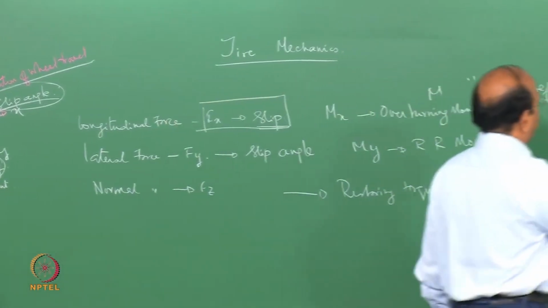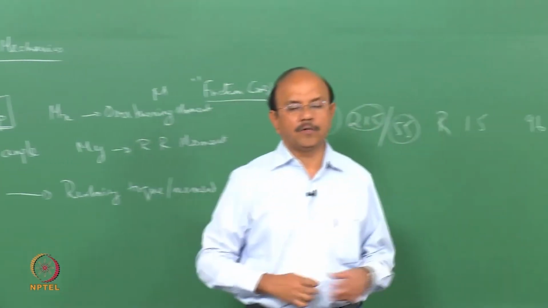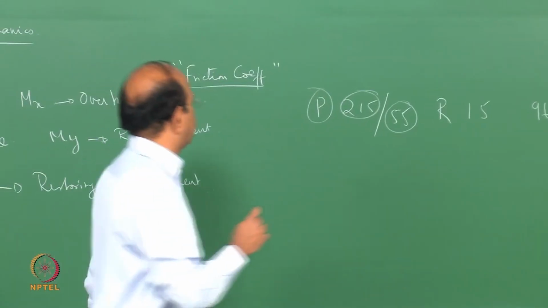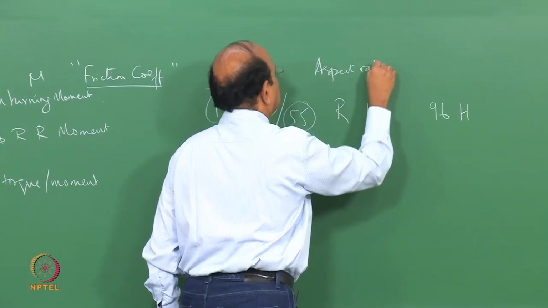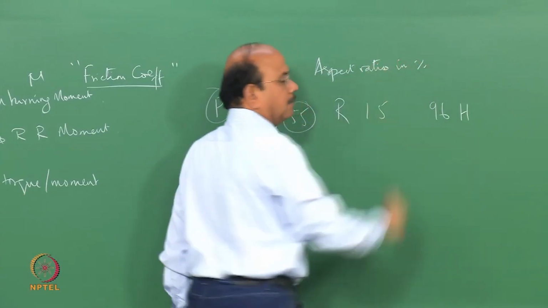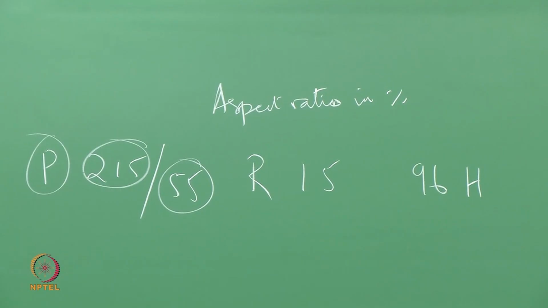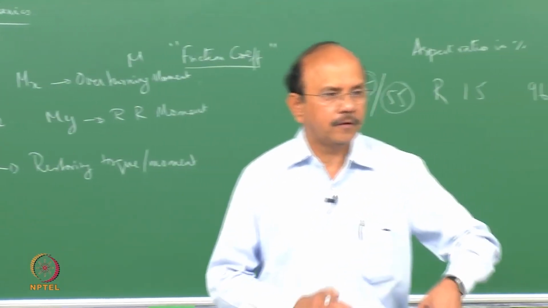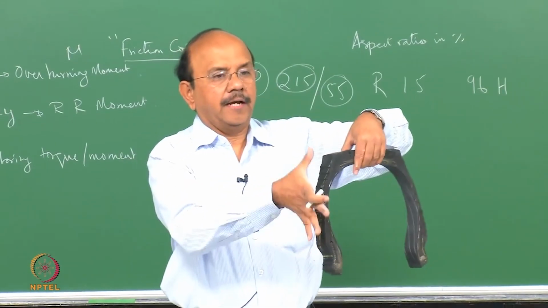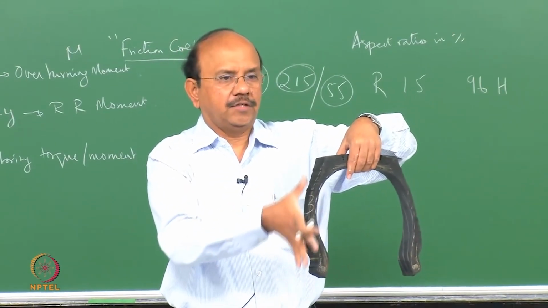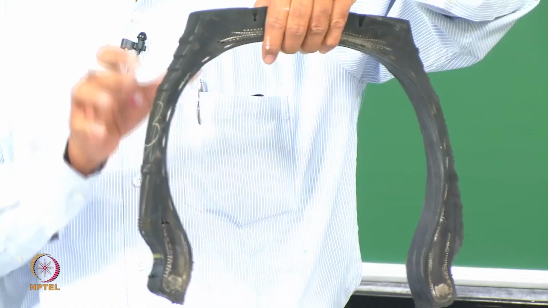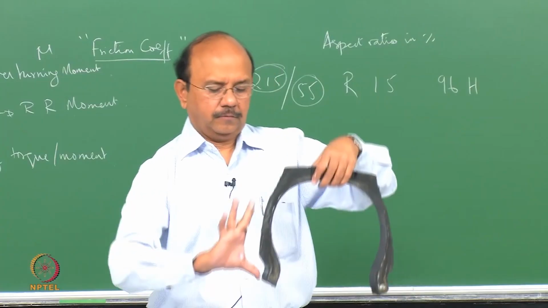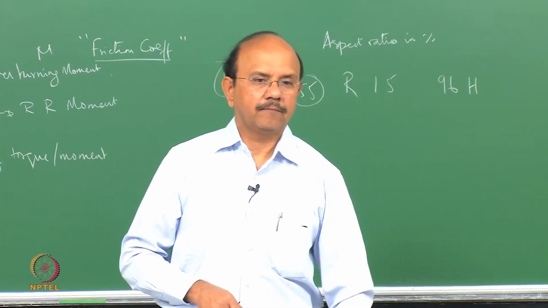Then you have 40, 55, 45, 65, whatever it is. That is what is called the aspect ratio, and it is in percentage. What is the ratio when we say aspect ratio? The ratio of this height, which I would call, say, HT, to the section width.